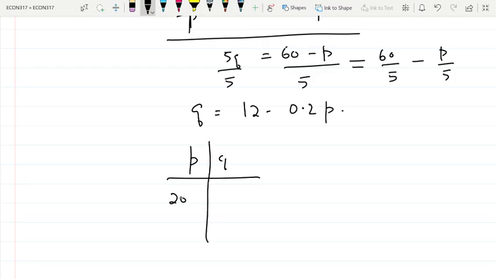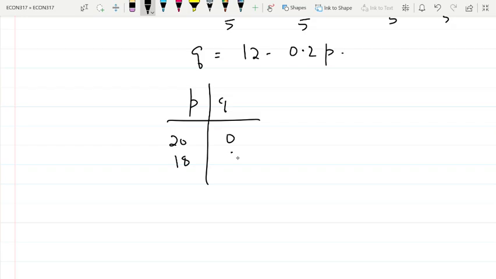So let's say when P is 20, quantity is 0, P is 18, quantity is 4, P is 16, 8, on and on. For some more points, I will write at least one more. P is 14, this becomes 12.